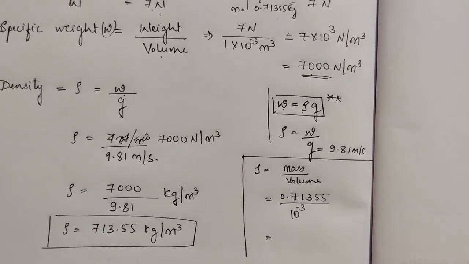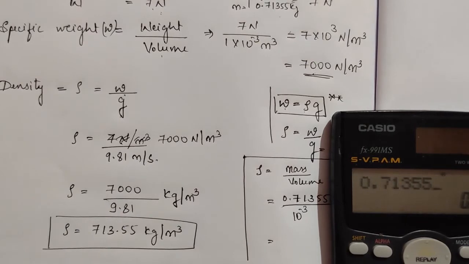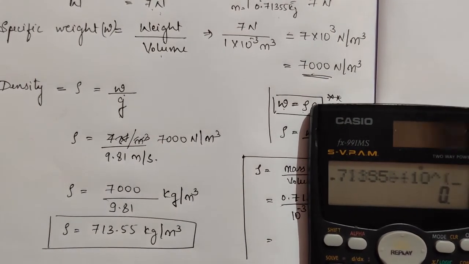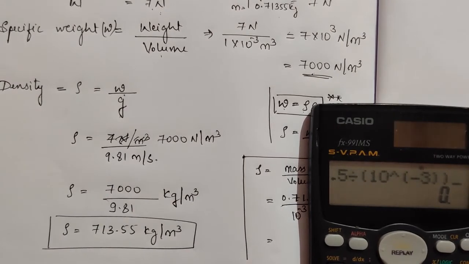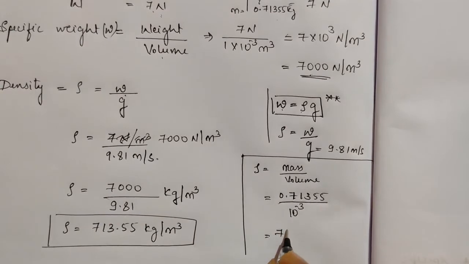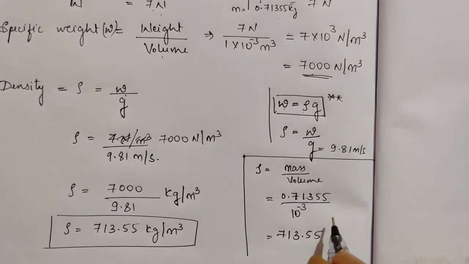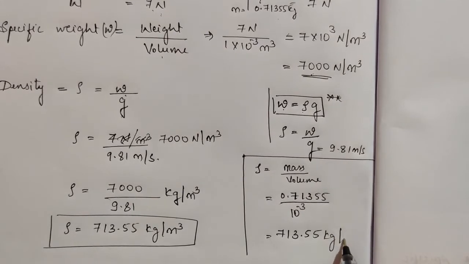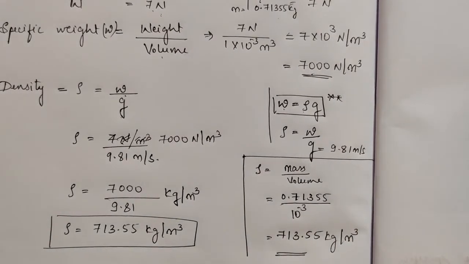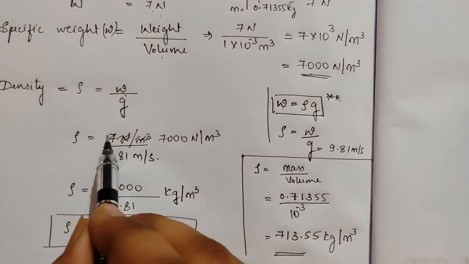Now if we solve this, 0.71355 divided by 10 power minus 3, you will get 713.55 kg per meter cube. This is the density of the liquid. I was going to make this and I made a mistake here.